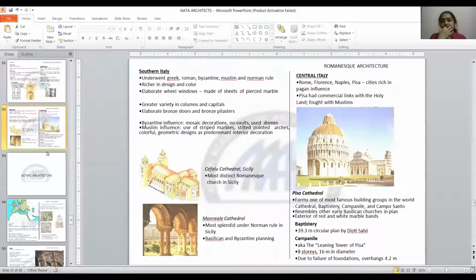Now Pisa Cathedral is a very famous and prominent example of Romanesque architecture, which is in Pisa, Italy. Everyone knows that. The architect is Buscheto, and it was built during 1063 to 1350.